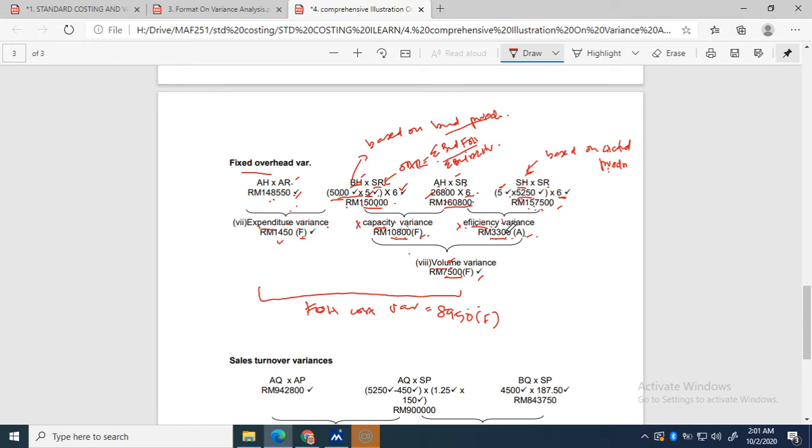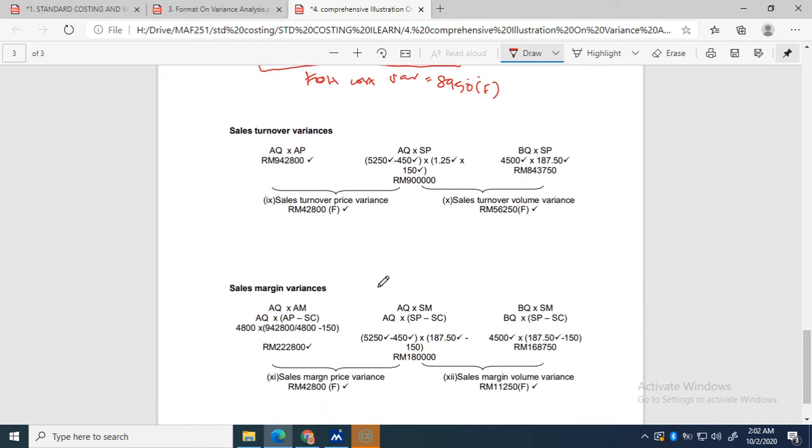So to get volume, you just take column 4 minus column 2. 157,500 minus 150,000, so straight away you get 7,500 favorable. So 4 minus 2 gives volume. If the question asks for expenditure and volume, you do not necessarily need to calculate capacity and efficiency, so you can save time.